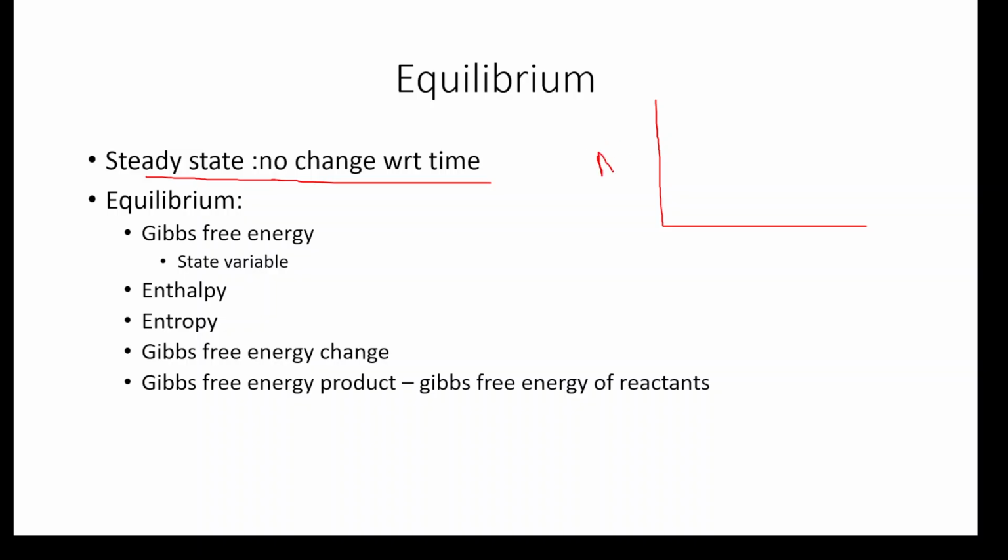Let's say I have some antibiotic, and I want to remove the antibiotic from the system. Initially, let's say the concentration of antibiotic was 1 milligram per liter.